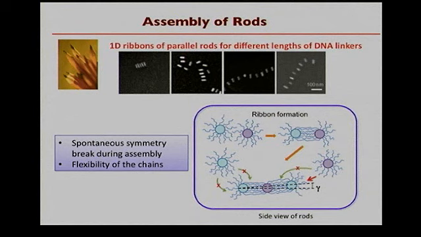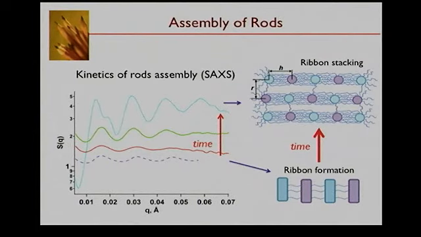We can do a much more detailed study of the kinetics of this evolution using X-ray scattering. Again, small angle X-ray scattering provides time dependence and whole details of evolution. So we can see immediately in the initial stages this type of structure factor, which corresponds to the formation of these ribbons which I mentioned. However, at later stages, we see the development of an additional peak, which can be associated with ribbon stacking.